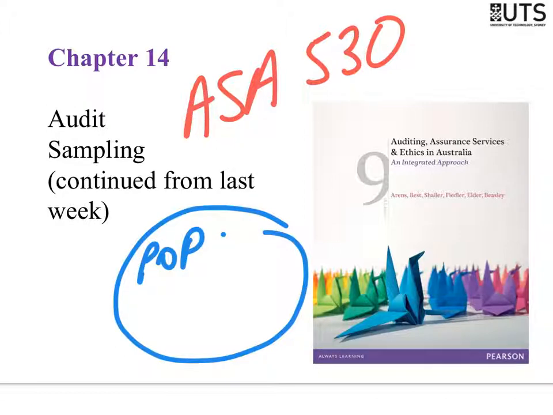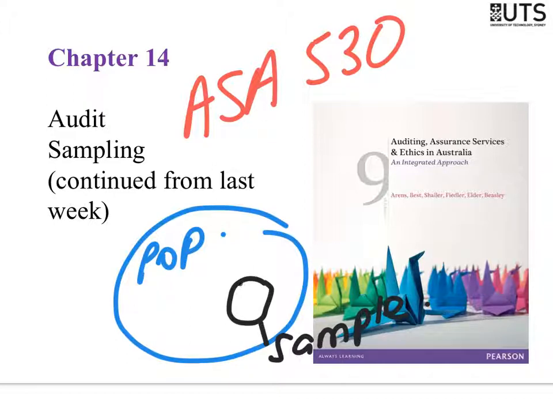What do I mean? It is physically impossible to test every single sales transaction at McDonald's, right? So what we often do is we take a sample. Remember, a sample by definition is a smaller subset within the population, a smaller group within that population.